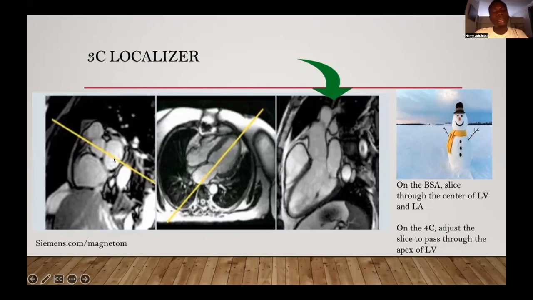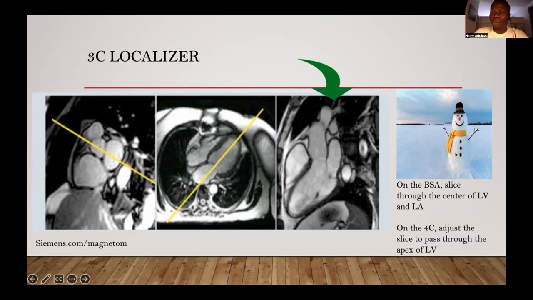short axis. Now, when you are scrolling through, because your short axis base is a stack of images, it's just about 10 or 12, 16 images. When you are scrolling through, you are looking for what they call the snowman eyes. Most of you who have watched the movie Frozen, I don't know the name of this guy that played a major role in Frozen.